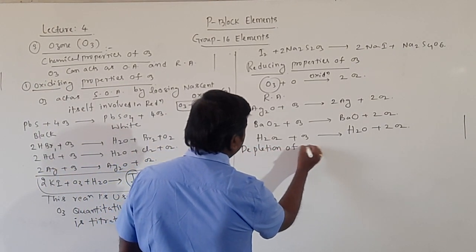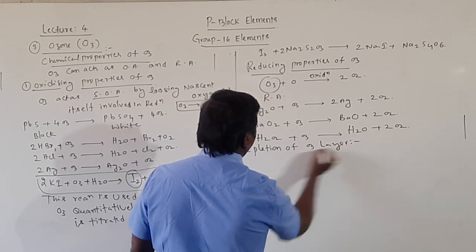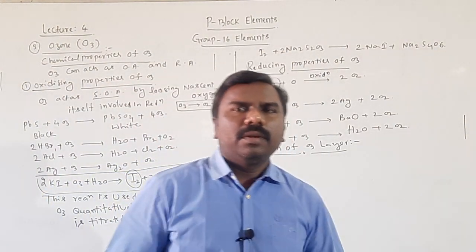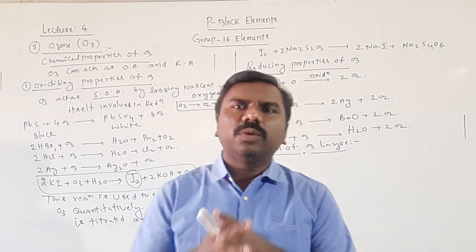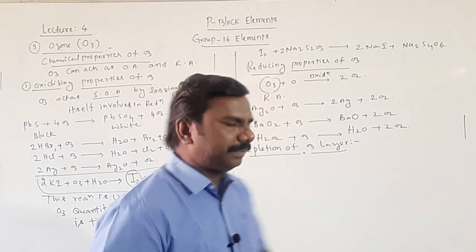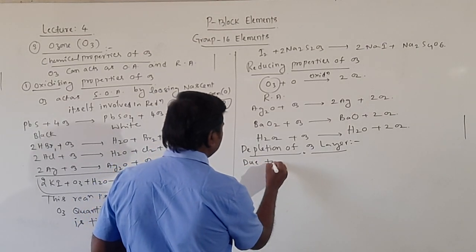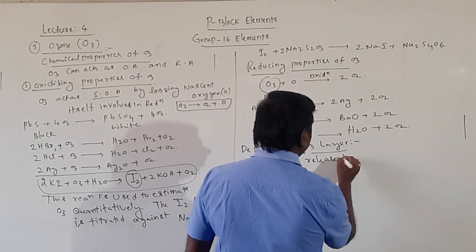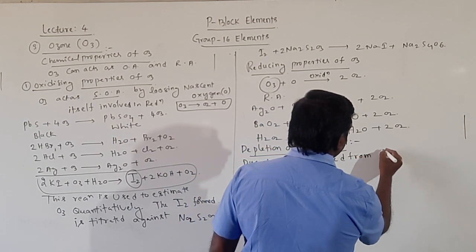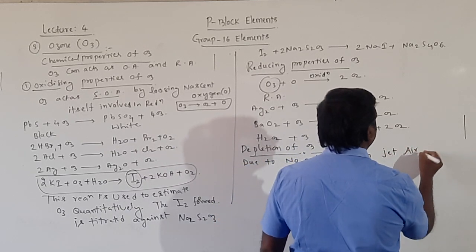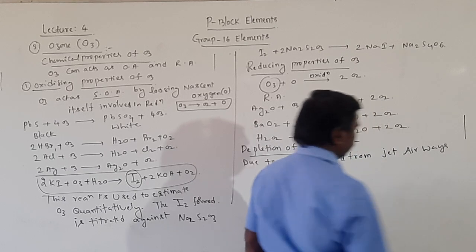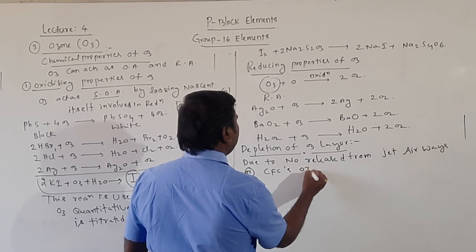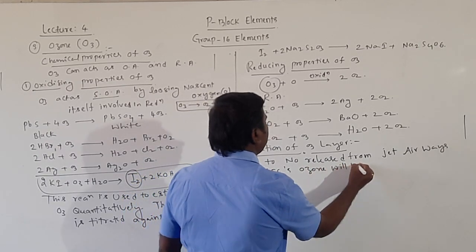Depletion of ozone layer. How is the ozone layer depleted? If you observe clearly, due to CFCs and NO, nitric oxide released from jet airways, ozone will be depleted.